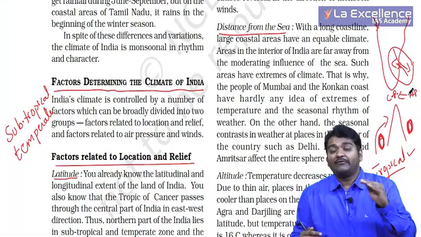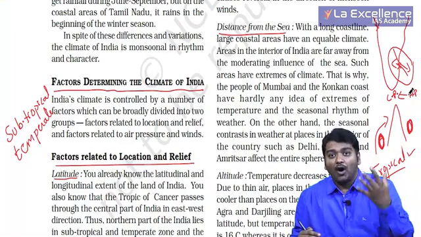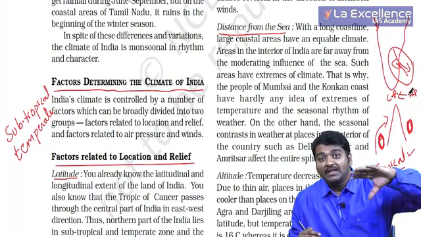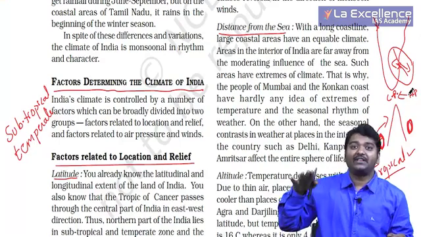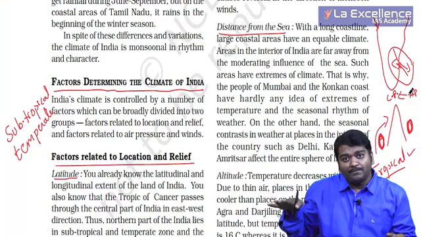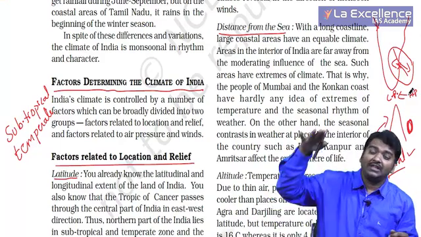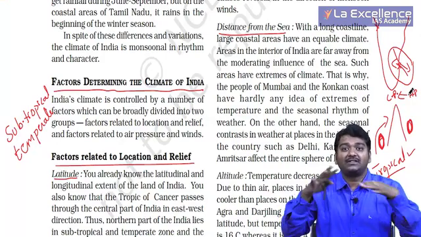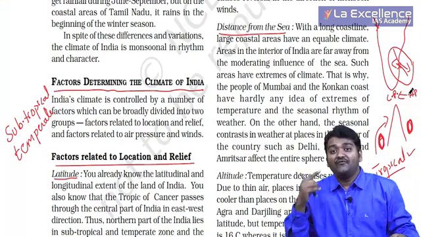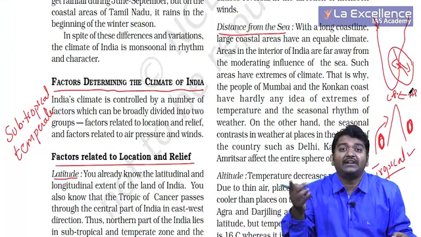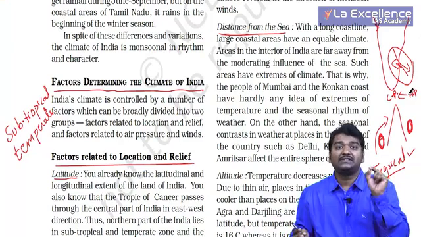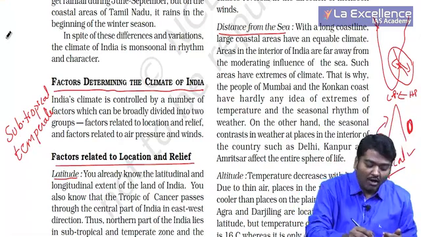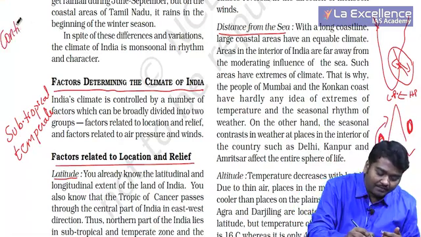But when it comes to Delhi or Punjab, these are much more interior. Here, when winds blow from the ocean, by the time they reach Delhi they would have lost their significance. So we call this continentality. Distance from the sea means if a place is away from the sea, we use the term continentality.